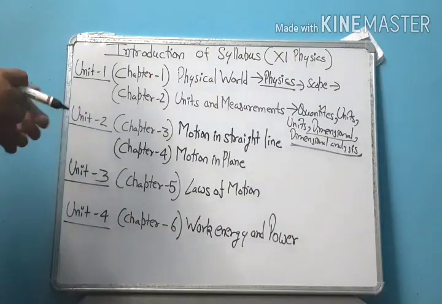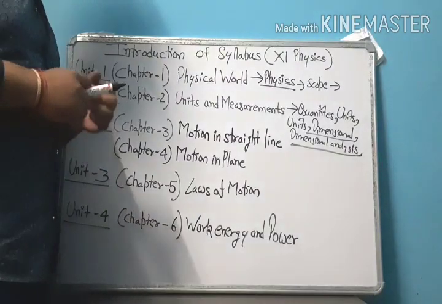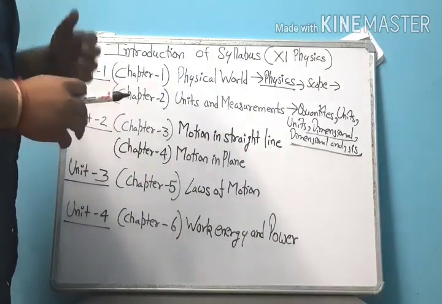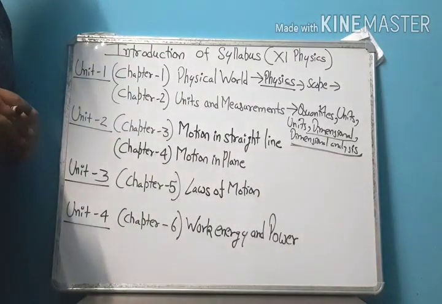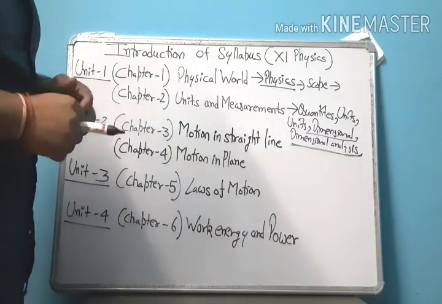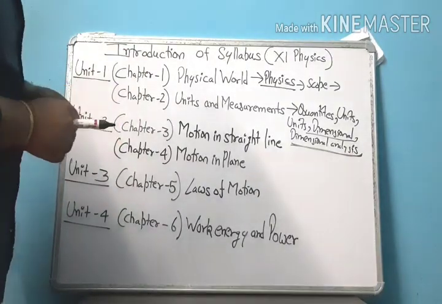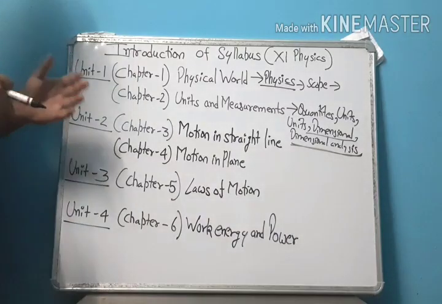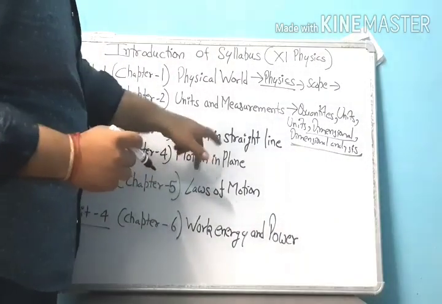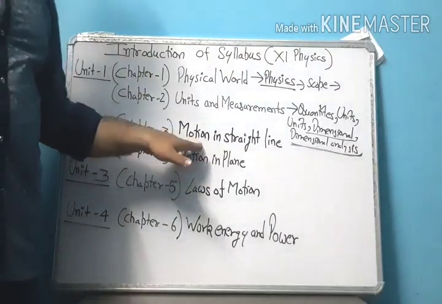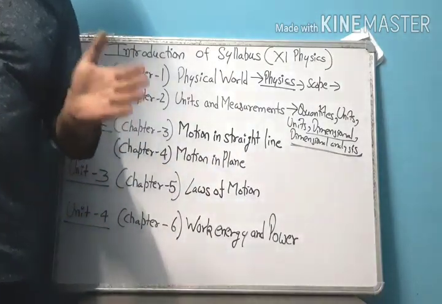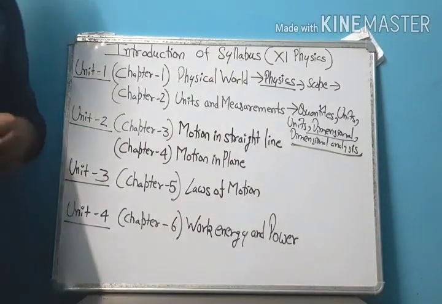Average speed, average velocity, instantaneous speed, instantaneous velocity, and some graphical representations: speed-time graph, velocity-time graph, acceleration-time graph. These are the topics which we are going to study in the motion in a straight line chapter. This is the chapter which you have already studied in your previous class, in class 9th as well.